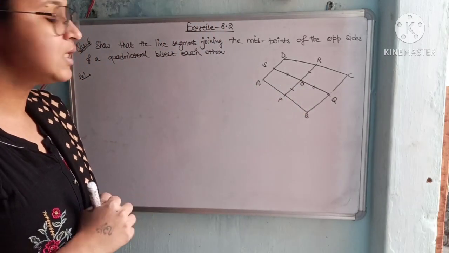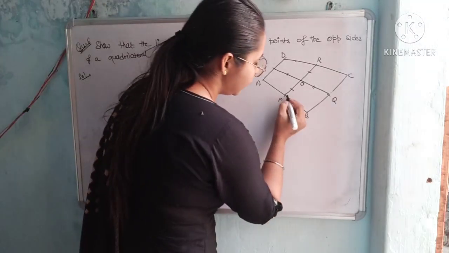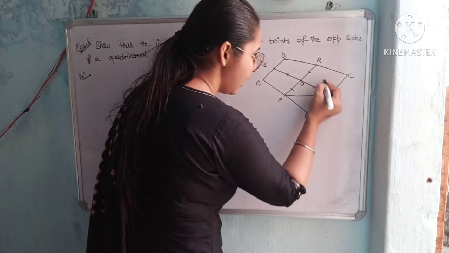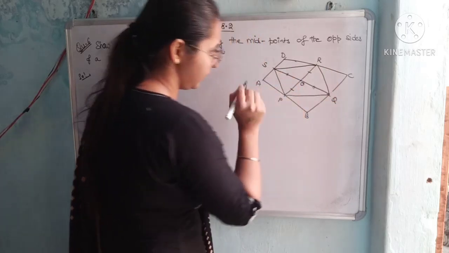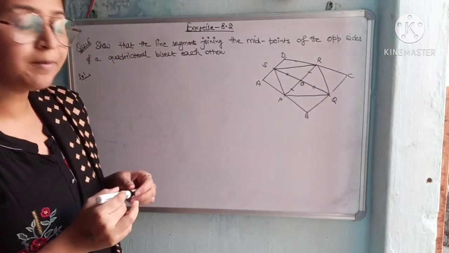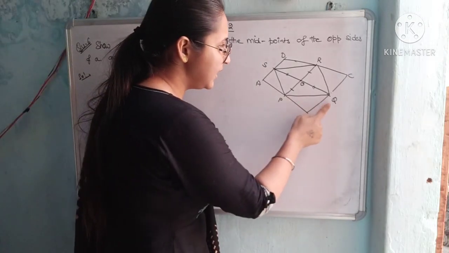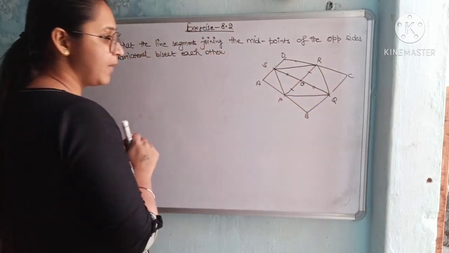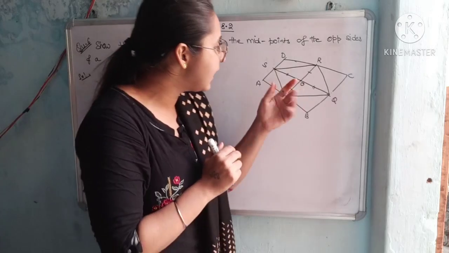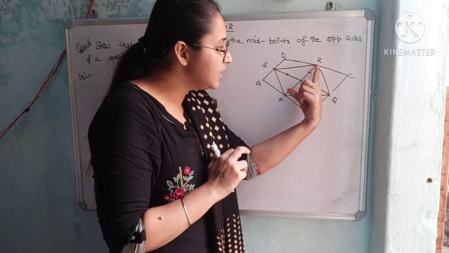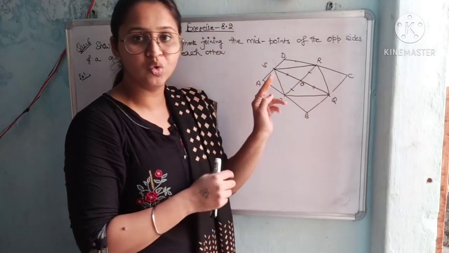Now what is the logic behind this? First of all, if I join PQ, RS, that is, if I join the midpoints of all the sides, I get a quadrilateral PQRS. SQ and PR are the diagonals of quadrilateral PQRS.